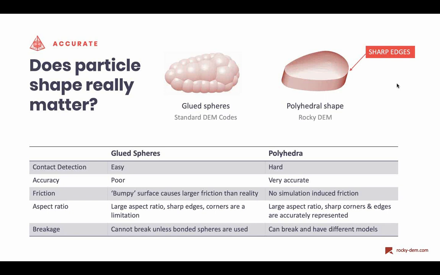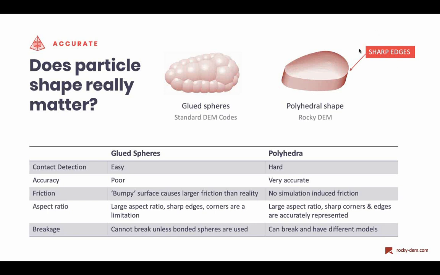Of course, when you have the real polyhedra representation, you need to implement a more difficult contact detection algorithm. But it becomes more accurate because you don't need to input within the code a lot of coefficients to represent friction or to take the edges into account.